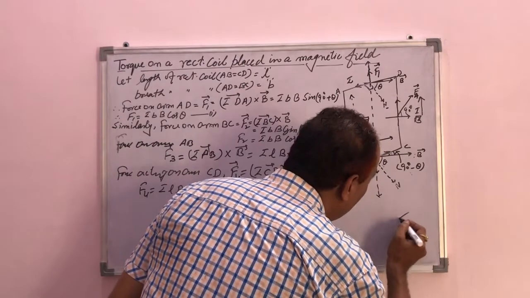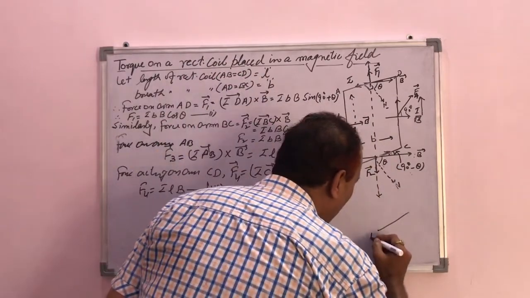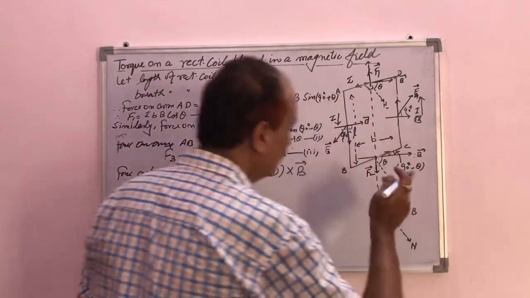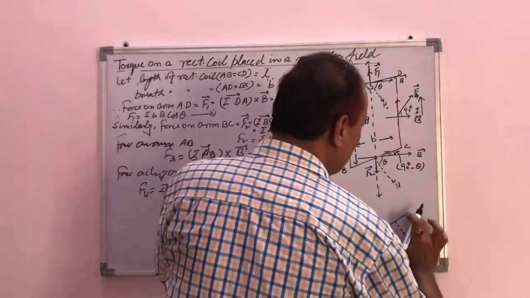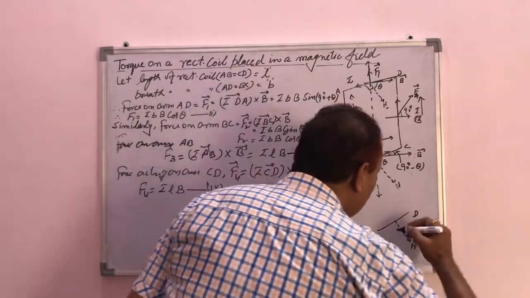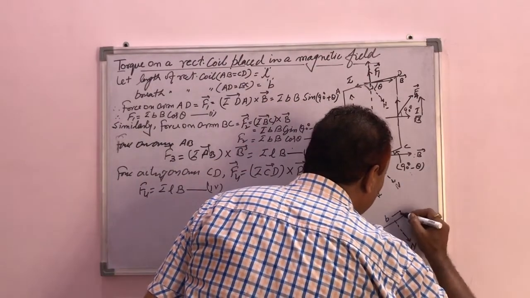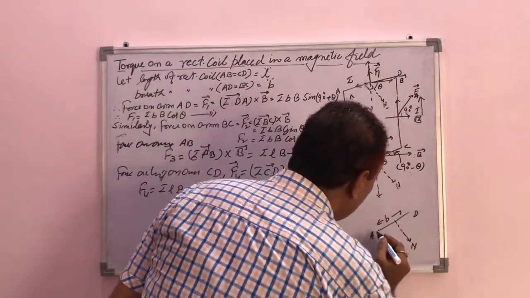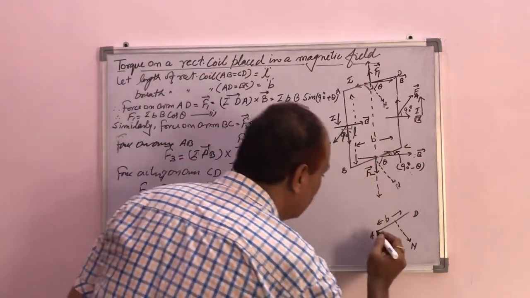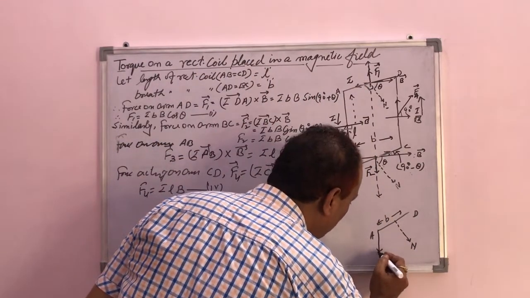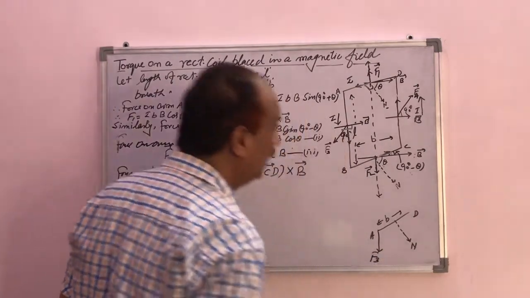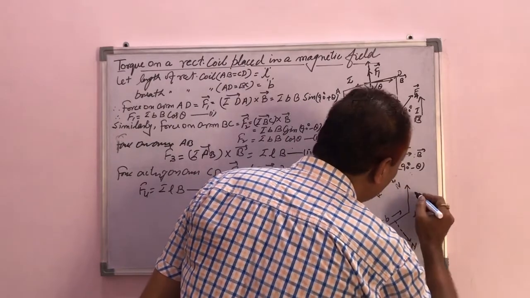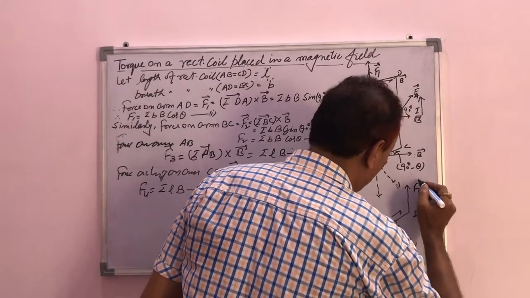Let this be the upper arm AD, and this is the normal drawn on that arm, and the breadth of this arm say is equal to B. The force acting on the arm AB, perpendicular to the plane of the paper, is denoted like this, it is force F3, and this force is represented like this, perpendicular to the plane of the paper, that is force F4.